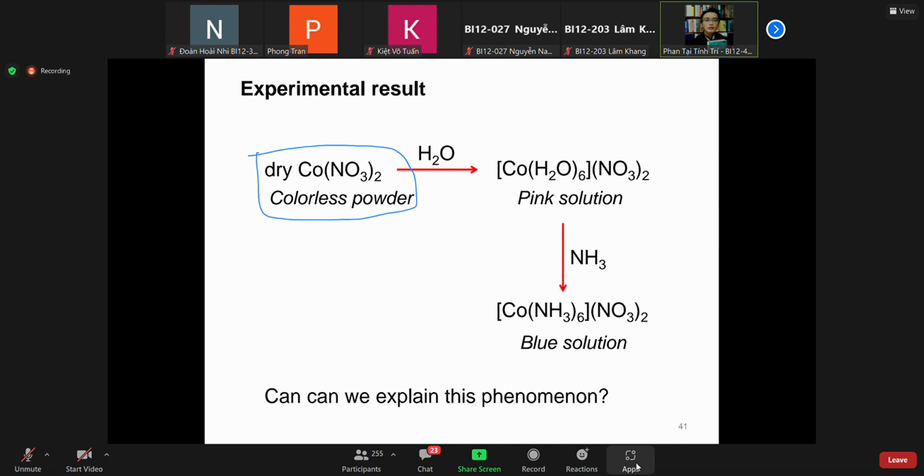Sorry, but why can it not absorb a photon? It absorbs photons, but the wave associated with it we cannot see with our eyes, so it's colorless.